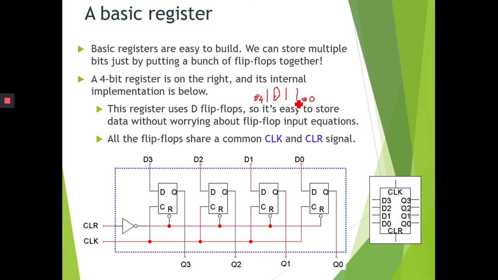In other words, we call this the LSB, least significant bit, and the bit 3 here is the MSB, most significant bit. This most significant bit goes into D3 here, and the LSB, bit 0 here, will go into D0, and the rest just follows, right?